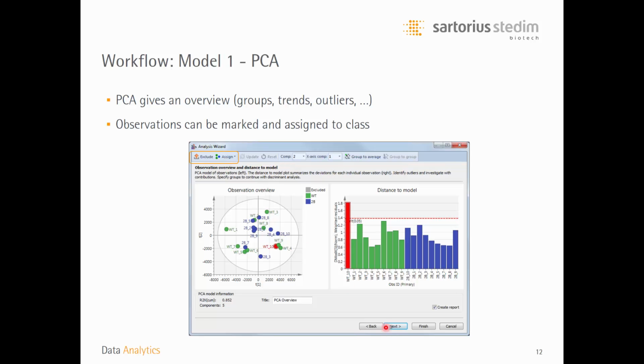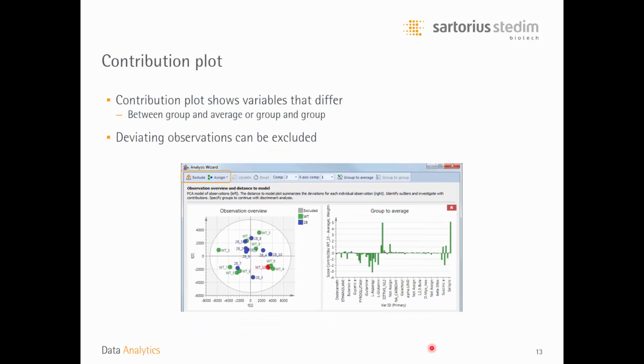When you click next, you will then move over to a stage where you can start to interpret deviators, and we will discuss this possibility based on the highlighted sample here that is slightly deviating outside the model border. So the tool we are creating upon clicking the red sample in the previous screenshot is called a contribution plot. And the contribution plot is very simple to interpret. For every variable that you have in your model, or every column you have in your data table, you will get one bar.